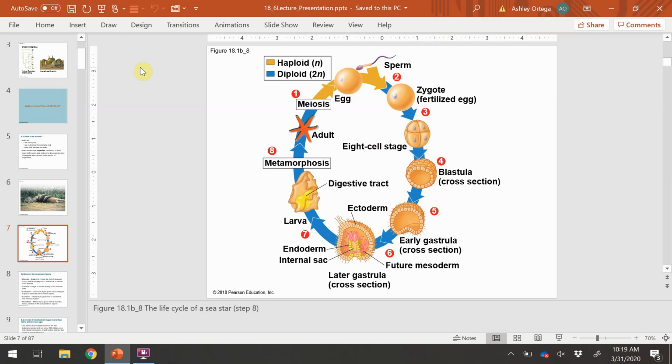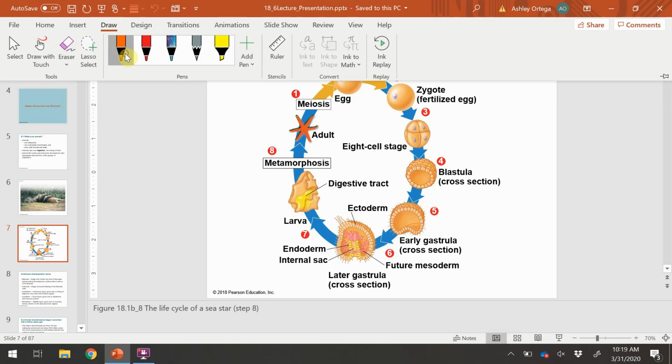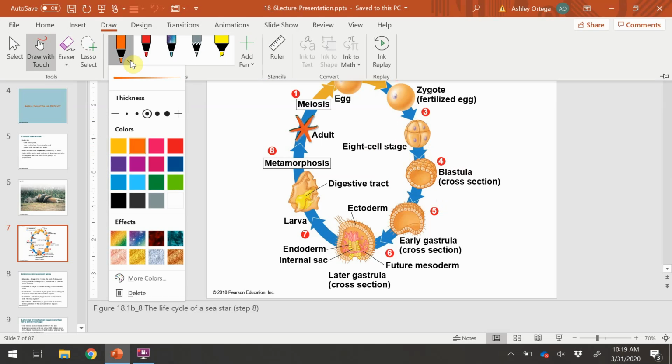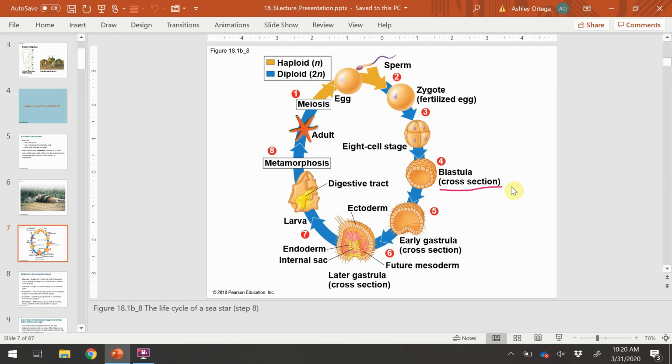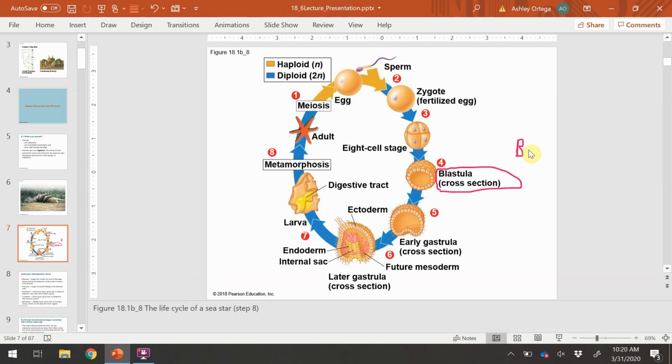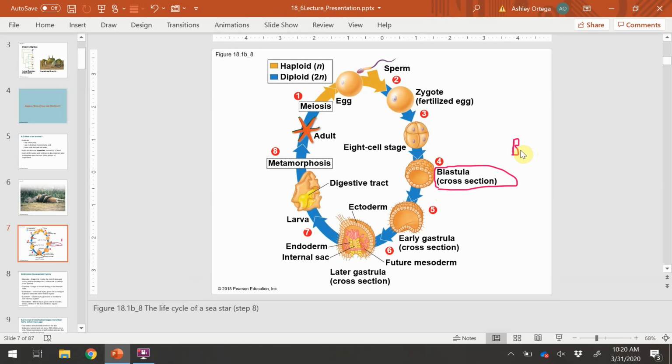You can remember that blastula starts with the letter B, and B is also the first letter in ball. So, a hollow ball of cells.